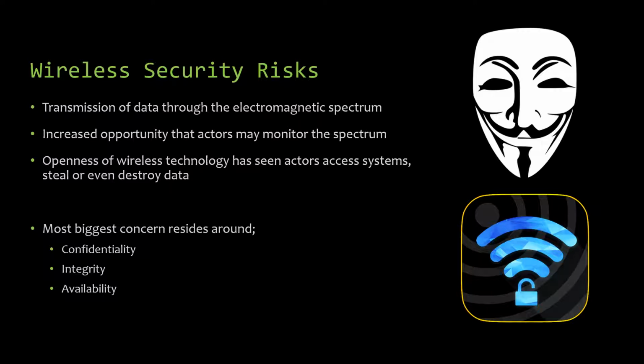Obviously, there's an openness of wireless technology, and this has seen actors access different systems or steal, maybe even destroy data. And I guess the biggest concern that we have around these particular types of attacks is that it targets the CIA triad, which is confidentiality, integrity, and availability.